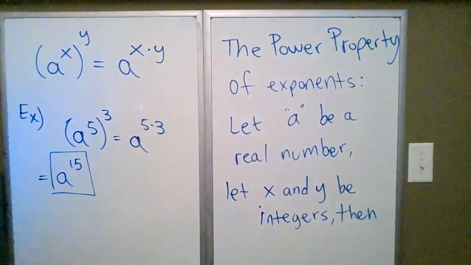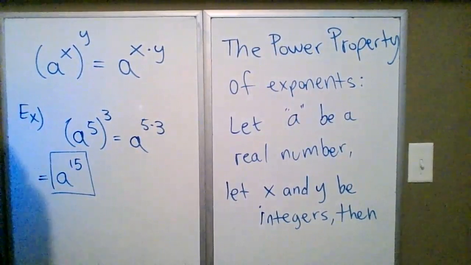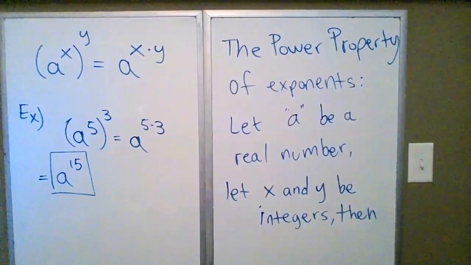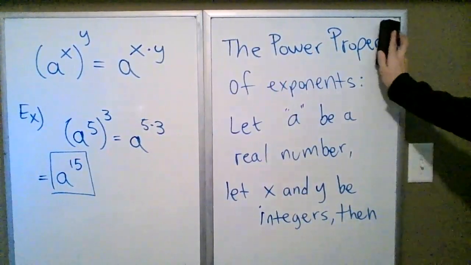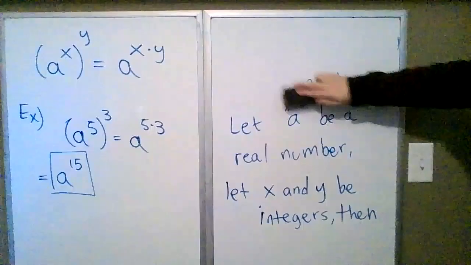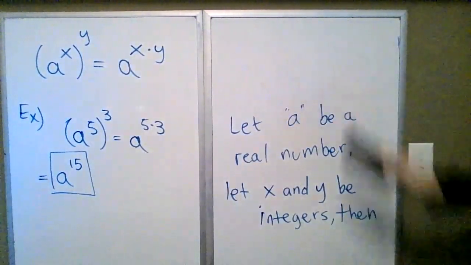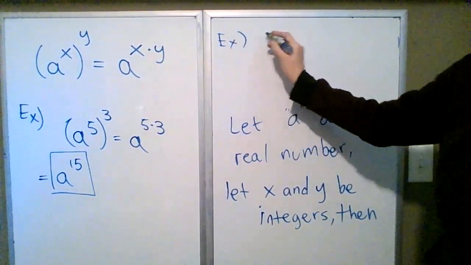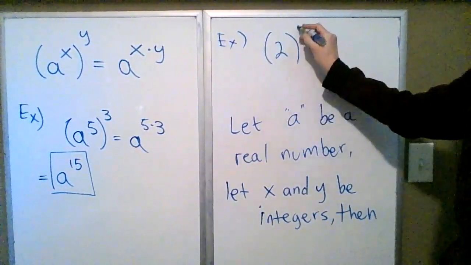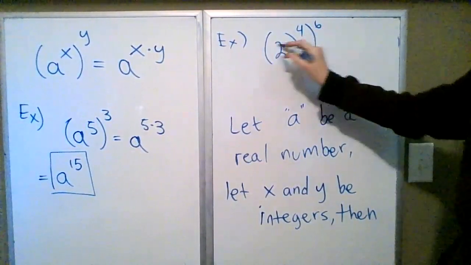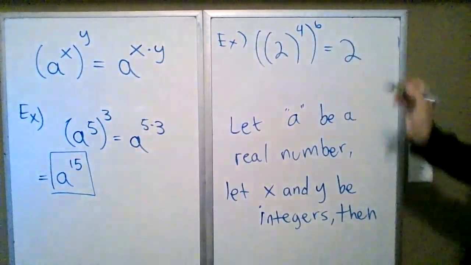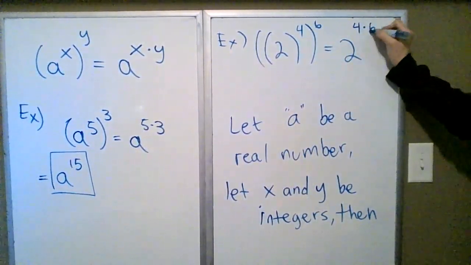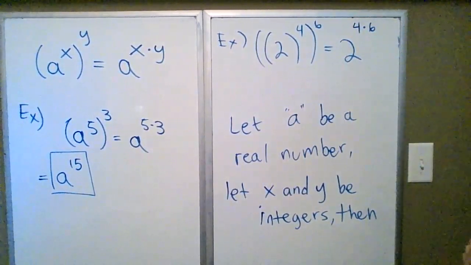Let's do 2 to the 4th, and then with the power of 6. The base is 2, and the power is 4 times 6. It's 2 with the power of 24.